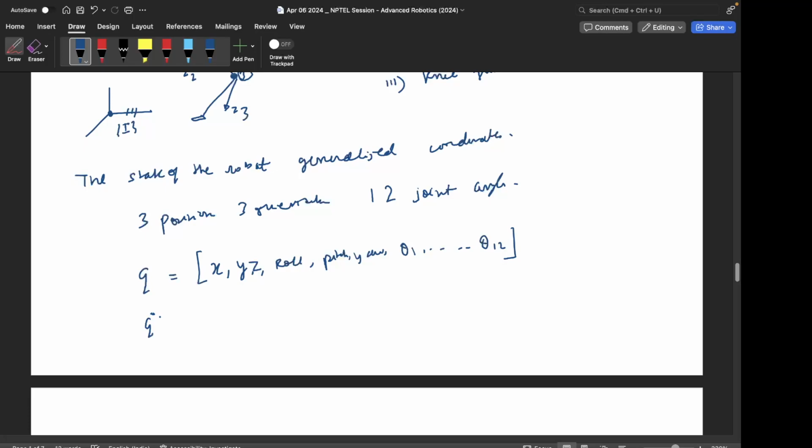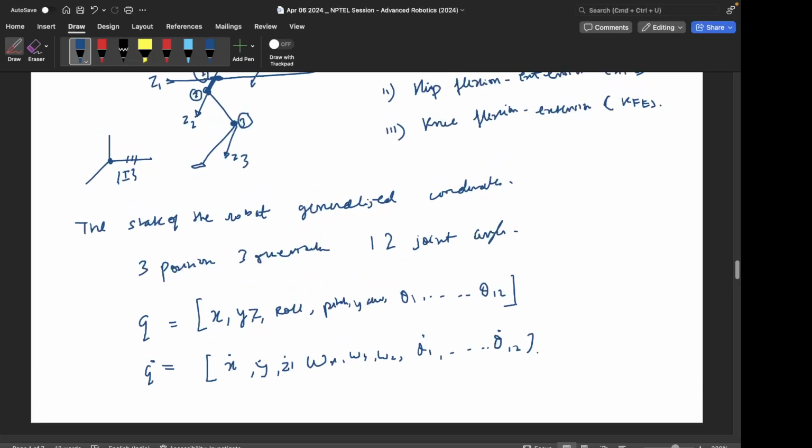The generalized velocities are the linear velocities in each direction, the angular velocities omega x, omega y, omega z, and the joint velocities theta 1 dot to theta 12 dot, right? So this is the state q dot.